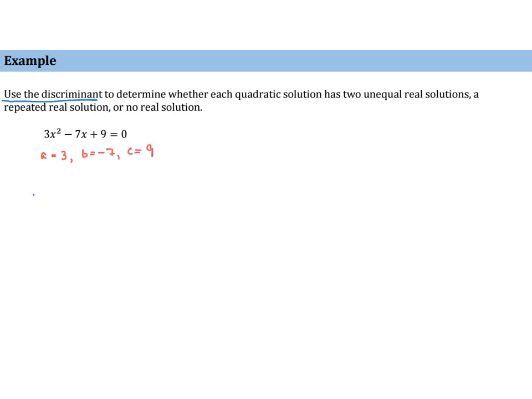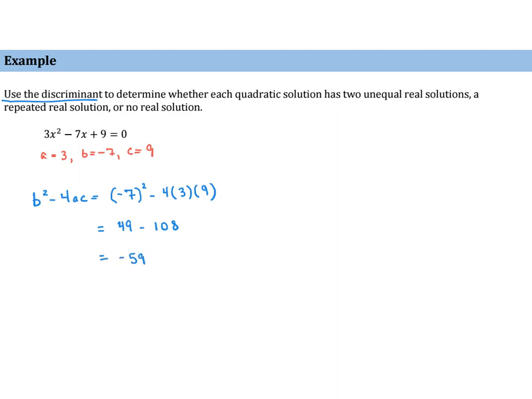So the discriminant is b squared minus 4ac, and that will be the square of negative 7, so we must put the negative 7 in parentheses, minus 4 times a times c. So we obtain 49 minus 108. So that will be negative 59.